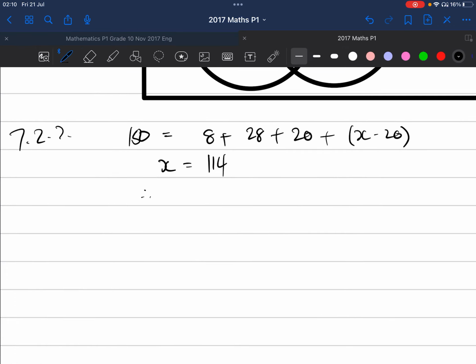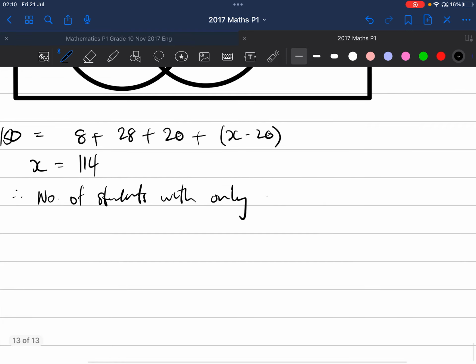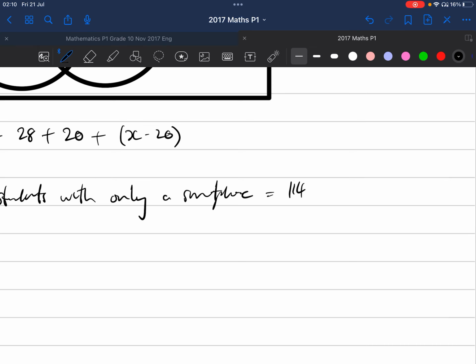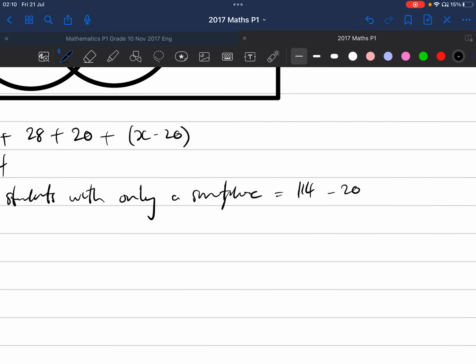So therefore the number of students with only a smartphone is equal to 114 minus 20, which is 94.